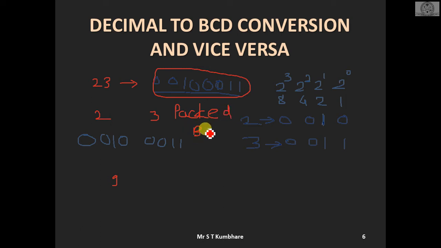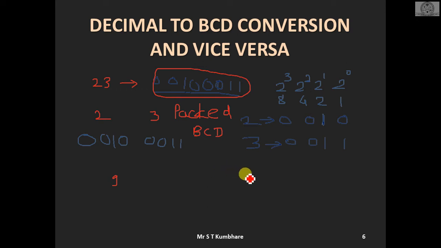Now you may feel that handwriting is not good. That's fine, since I'm operating on computer, it's a bit difficult to write with the help of mouse. So bear with me. You have to keep in mind this terminology, packed BCD. If you write down a BCD code for a decimal number greater than 9, then this is called packed BCD, because you are packing the different BCD codes.